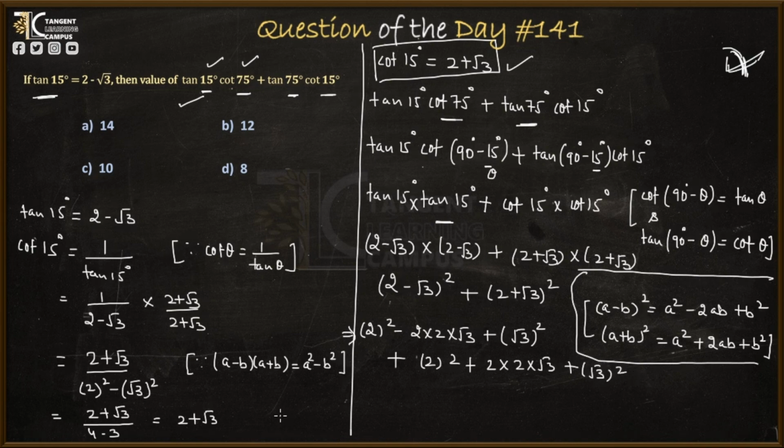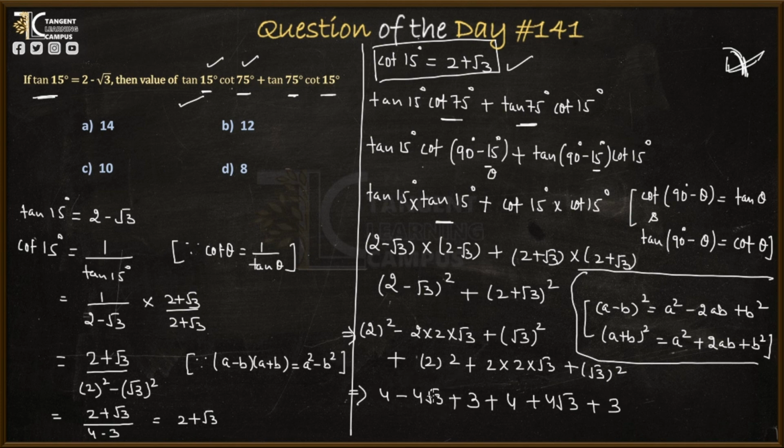Now we can solve this further, so we will have 4 minus 2 × 2 × √3, which is minus 4√3, plus square of √3 which is 3, plus square of 2 which is 4, and 2 × 2 × √3 is 4√3, and here we have the plus sign, so plus 4√3, and in the last we have square of √3, which is equal to 3.